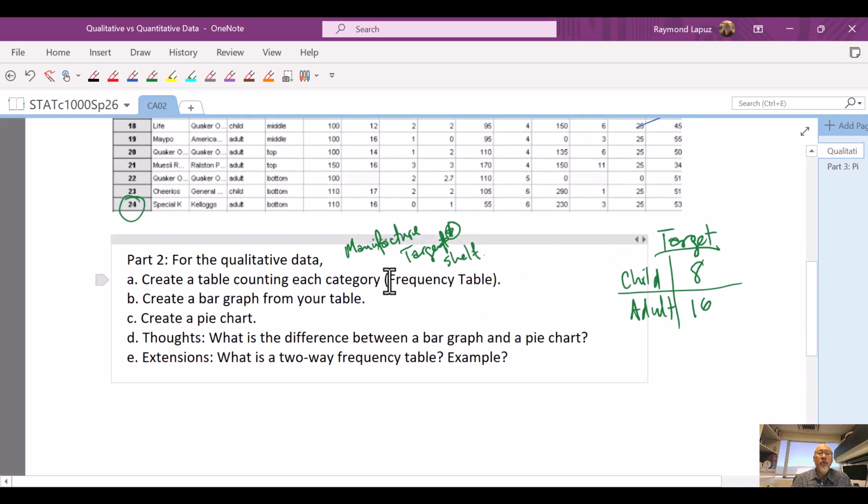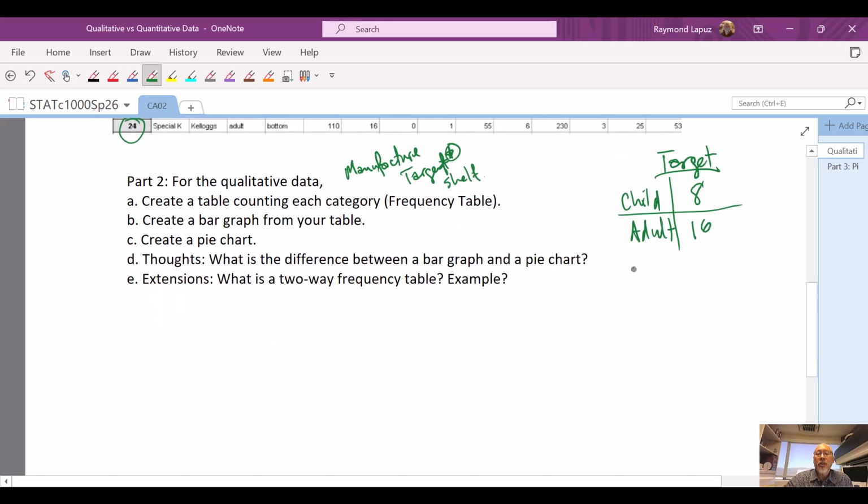This is called a frequency table, because it counts the frequency of each of these categories. Now from there we can make a bar chart, and our bar chart will be fairly simple. We have the counts here, the number of items in that particular category, and we simply put the category down here.